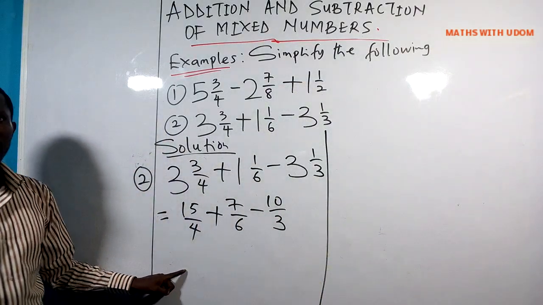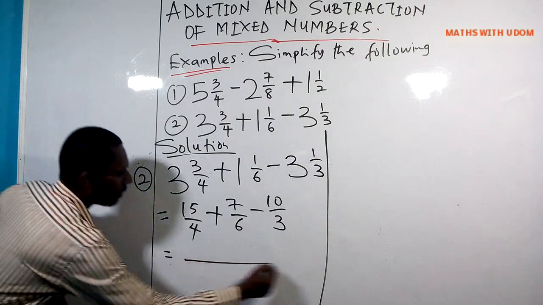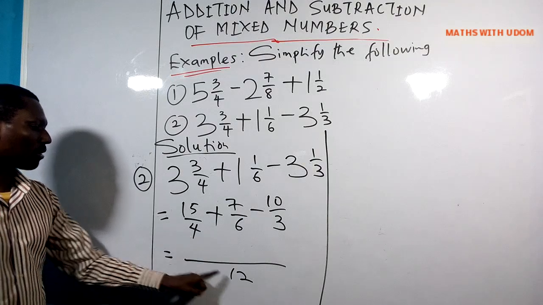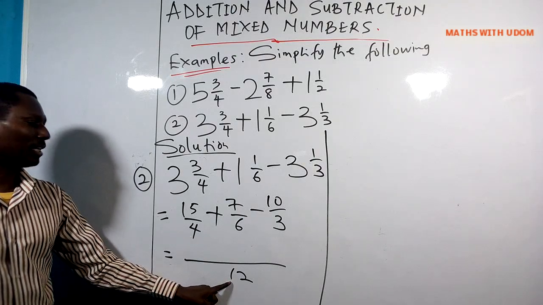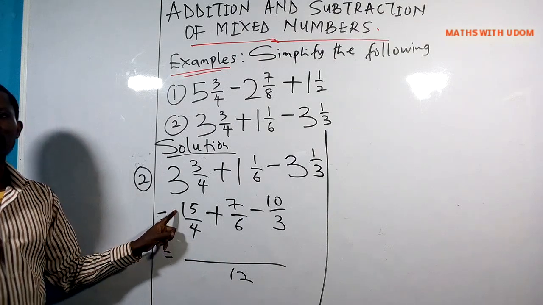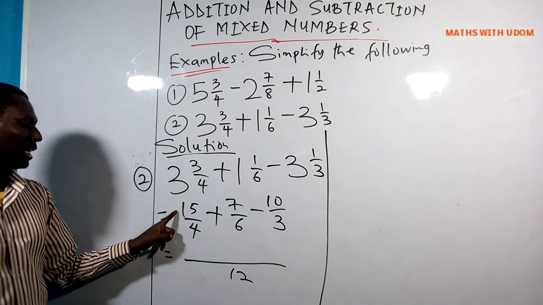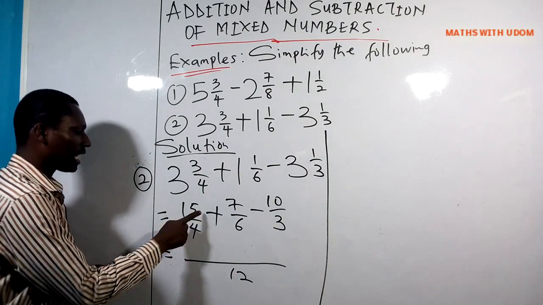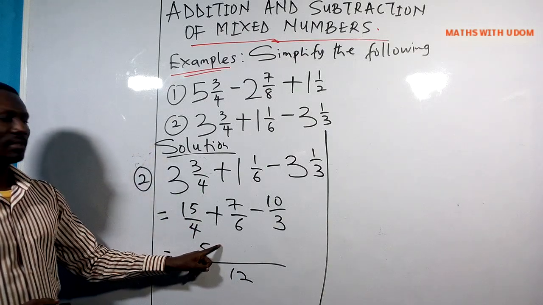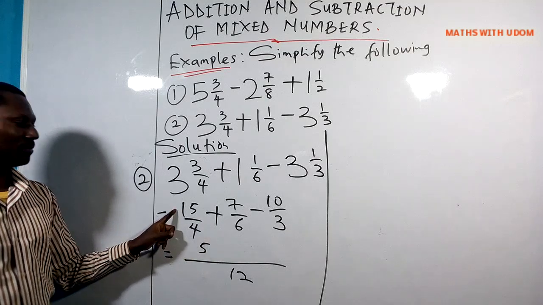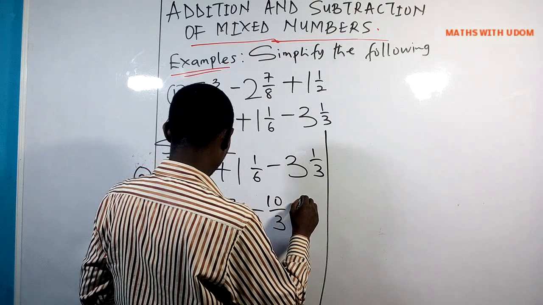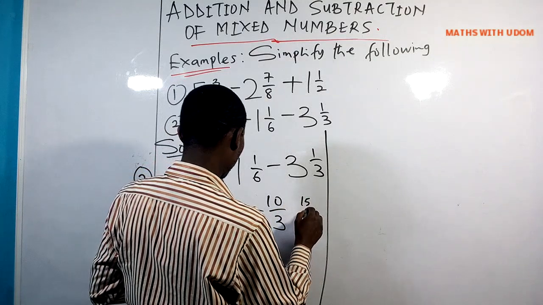So we now come here and write our LCM, which is 12. Now, how many 4 can go in 12? 4 in 12 is 3. And 3 times 15 will give us 45. Because 3 times 5 is 15, 5 carry 1, and 3 times 1 is 3.